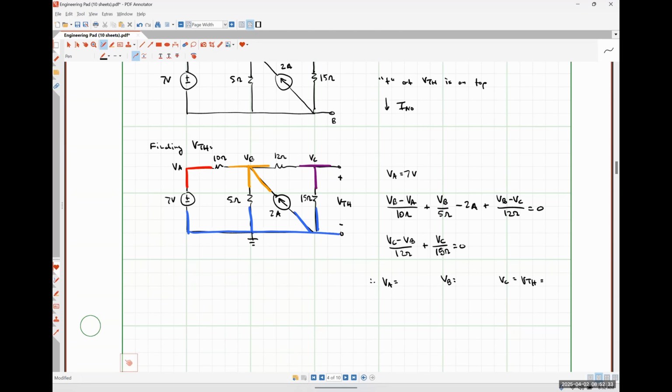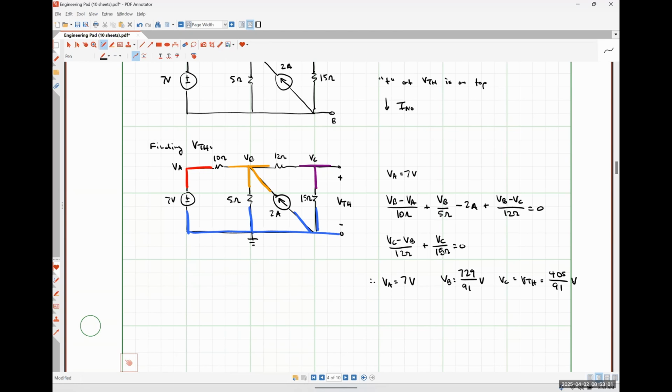Constant term is 0. When I solve this guy, I get VA is 7 volts. VB is 729 over 91. And VC is 405 over 91 volts, which will be VTH. Matthew, you look like you might have had a question.